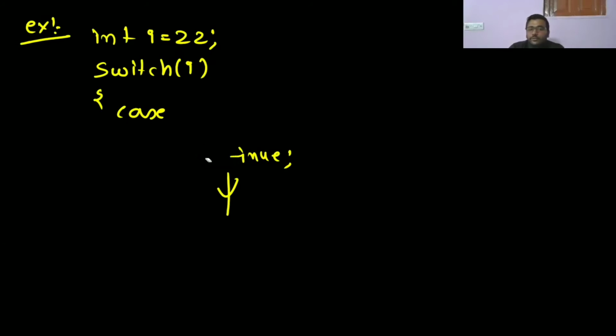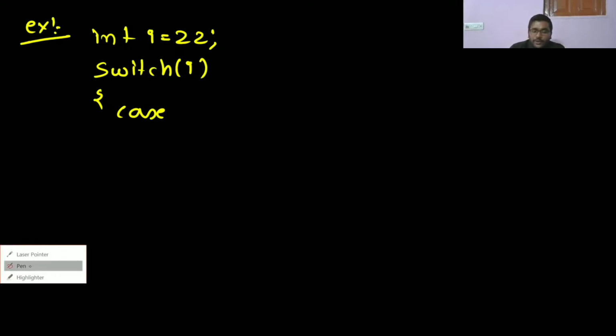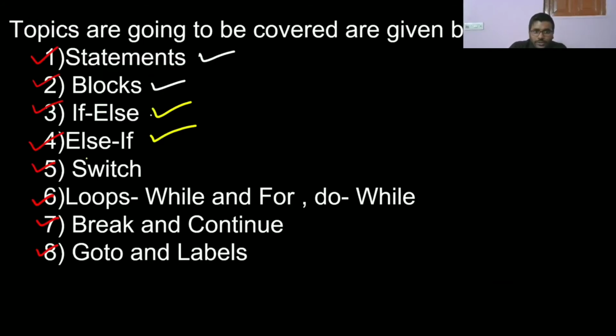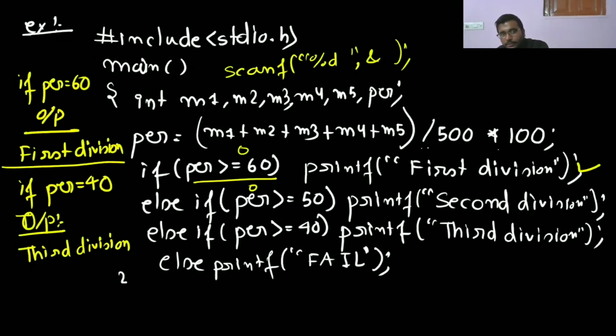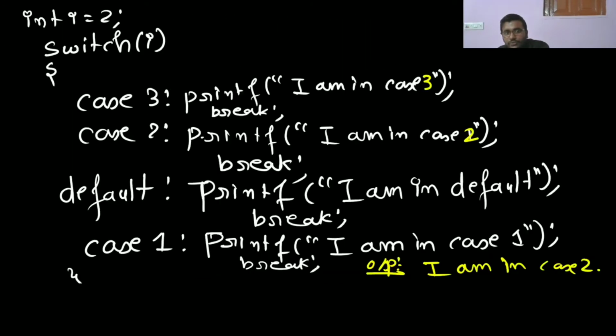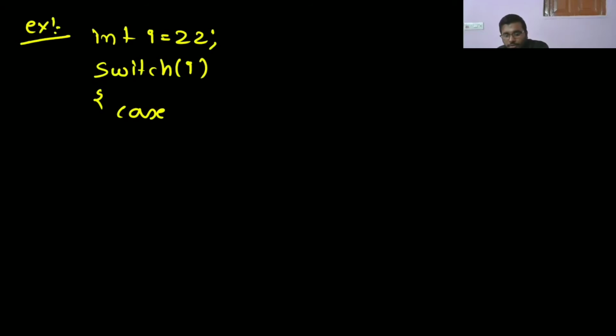I will teach break and continue separately, then I will show that. Switch is going on, then we will take loops, then break and continue. So just have some patience, break and continue will come. We are now in switch. Now give me the output.